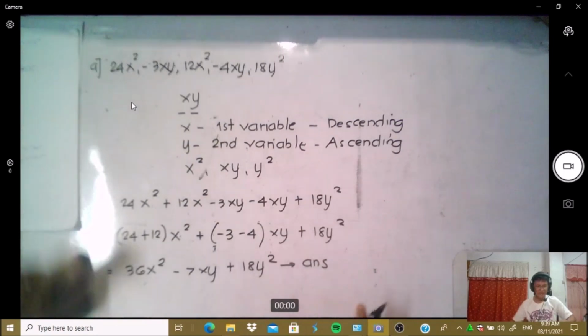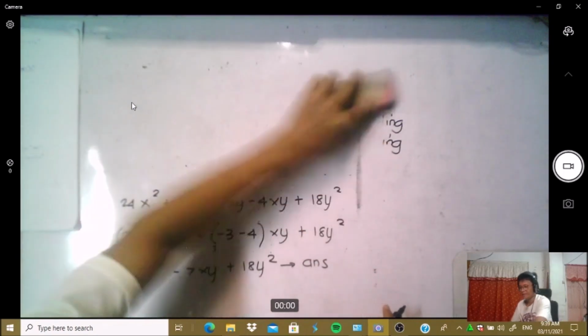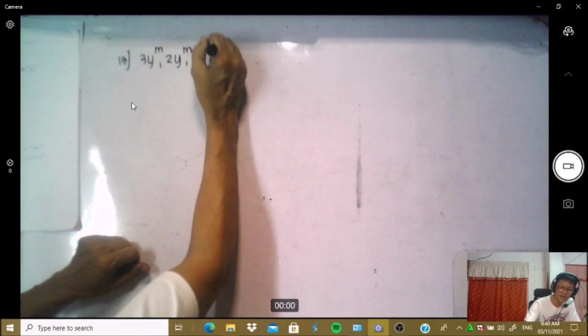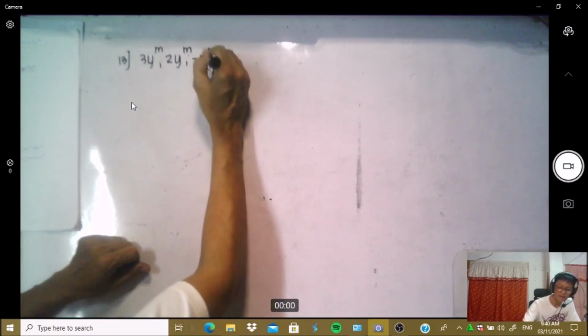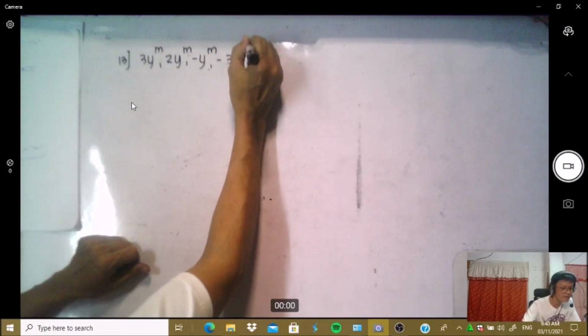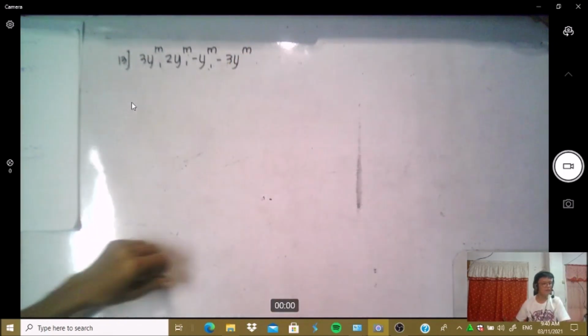Then let's proceed to number 13. For number 13, we have 3y raised to m, 2y raised to m, negative y raised to m, negative 3y raised to m. So we have 4 terms to be combined.